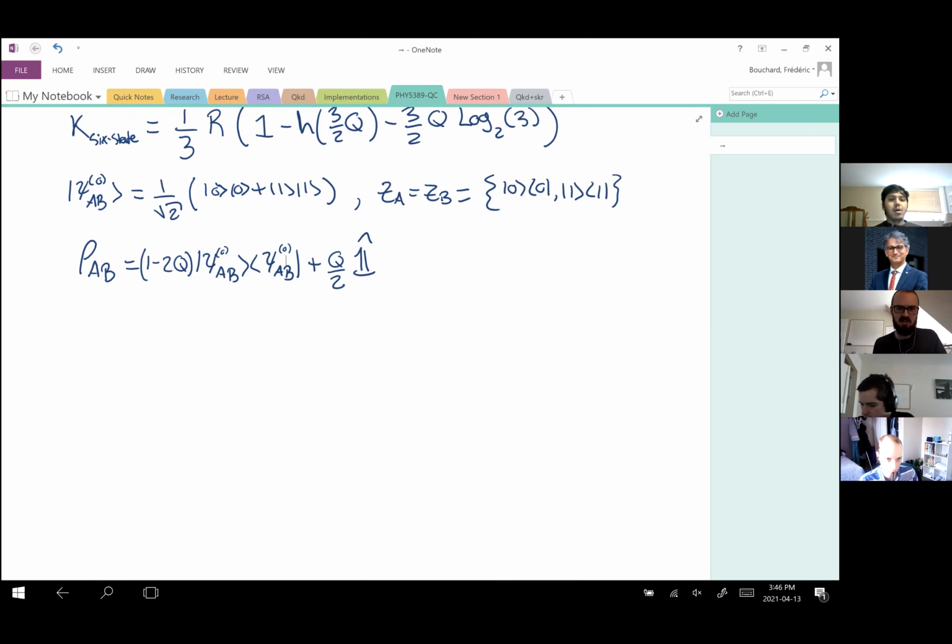Now to write this in terms of psi ABE, we need to diagonalize this because this is not in a diagonal form. So let's write them out. 1 minus 2Q. So I'm just going to write them out in terms of matrices. It'll be easier to see. Okay.